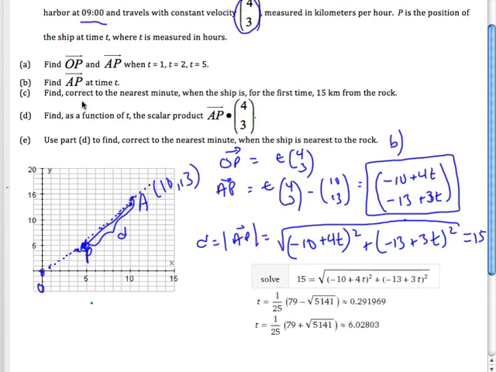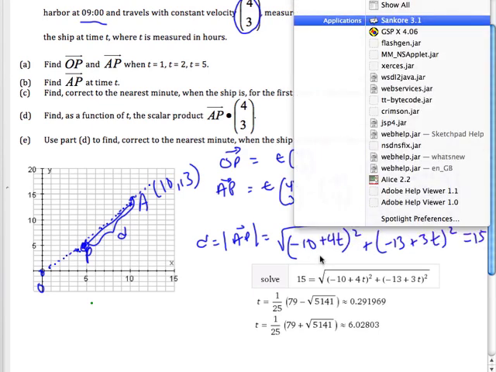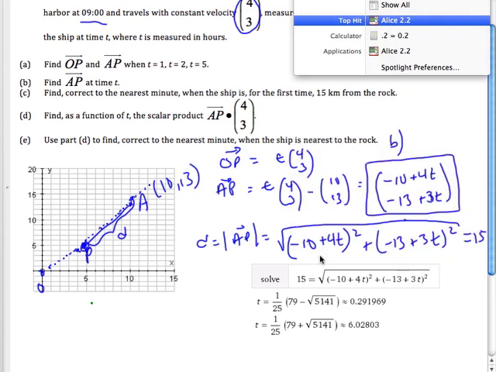Specifically it's saying, correct to the nearest minute, when is the ship the first time 15 kilometers away? Well, that's going to be the 0.29196. I need to put it in minutes. This is in hours, as it says in the question.